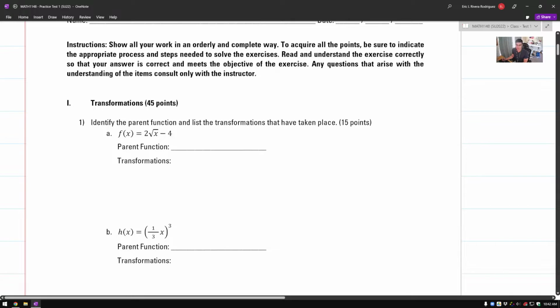I'm not going to post the key for the practice, because it's going to be very similar to the test. This is the format of the test. Okay, so I want you to take the practice and write your own key. The only thing I'm going to do is, if you request me to check your answers or your work, I can do that. But I'm not going to post any key for the practice.